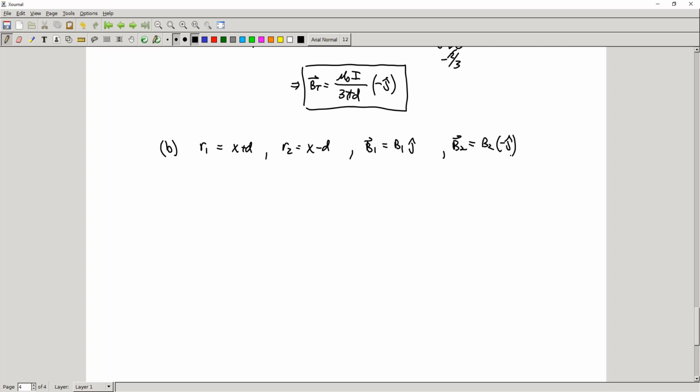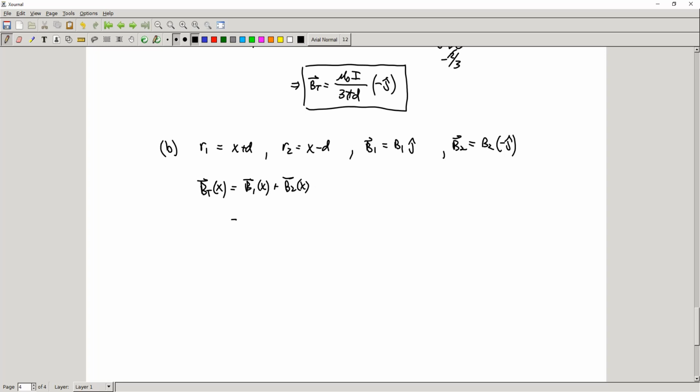Okay. And then again, it's just a matter of simple substitution. So we'll write down B total for any point out there. I guess we could write B total as a function of x is going to be equal to our contributions B1 as a function of x plus B2 as a function of x, right?